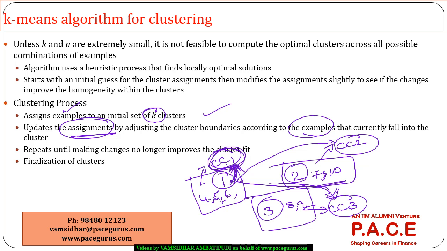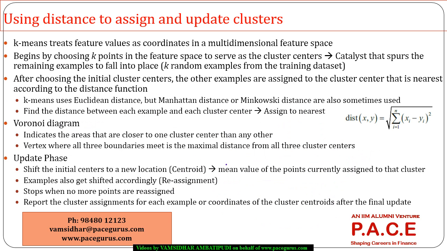Because the cluster center got changed, there is a possibility that some kind of transfers can very well happen between the groups. This kind of transferring, reassignment to the different clusters is going to happen in an iterative fashion until the cluster centers are in such a way that no more movements are possible. And that is when the finalization of the clusters is going to happen. So this is the way the k-means algorithm works for determining the clustering.